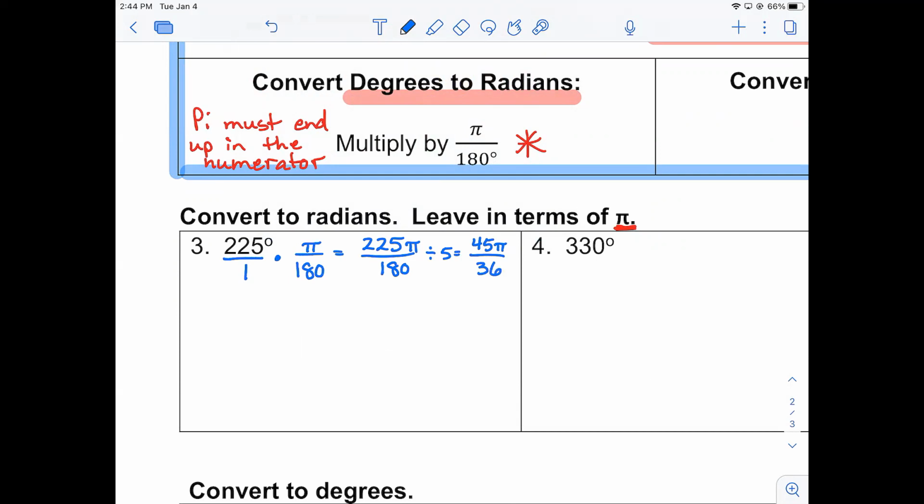That's still not as far down as I can reduce, because 45 and 36 can both be divided by 9, so if I reduce again, that gives me 5 pi over 4. So the degree measure of 225 degrees is the same thing as the radian measure 5 pi over 4.